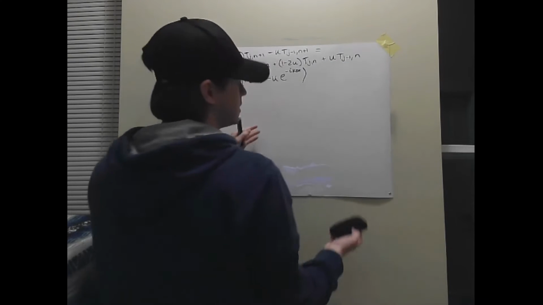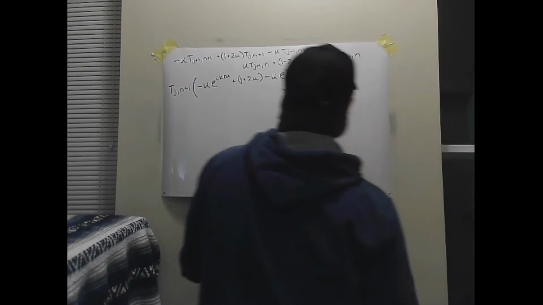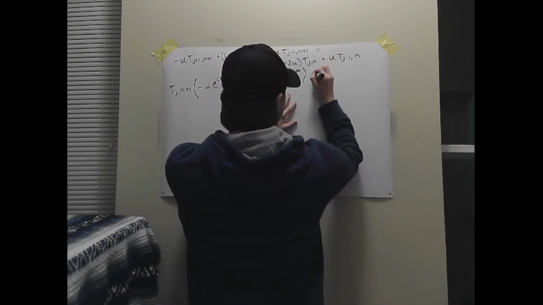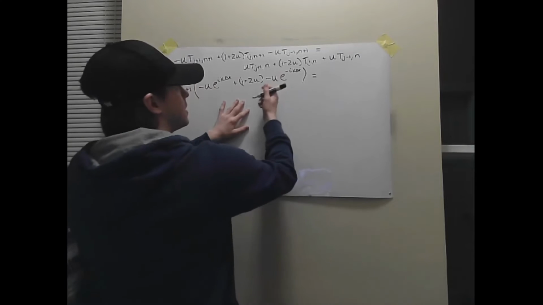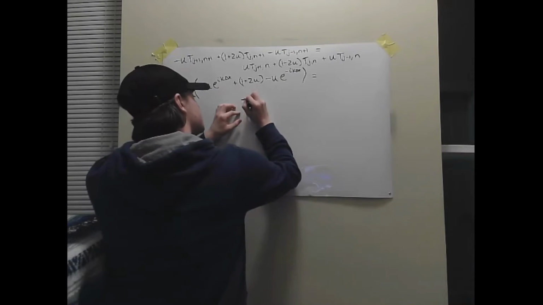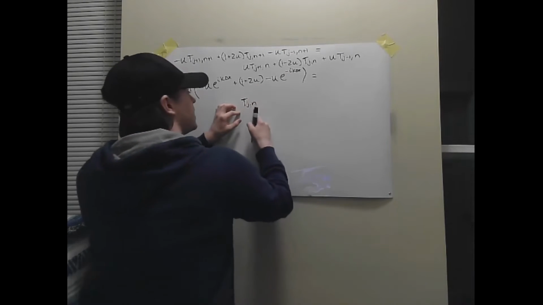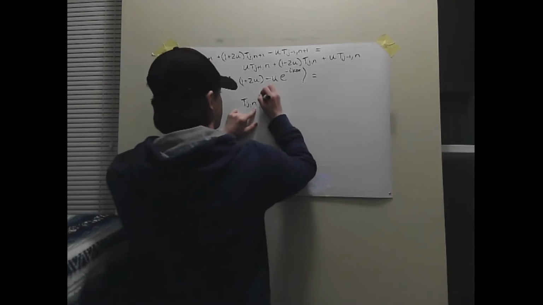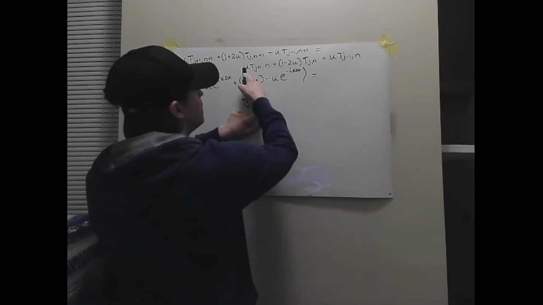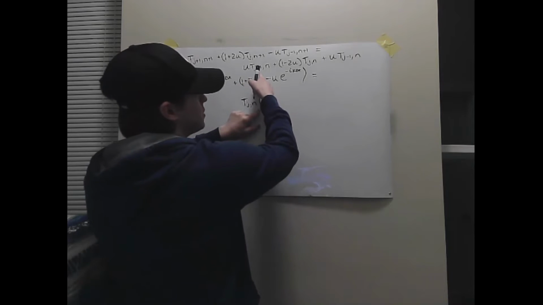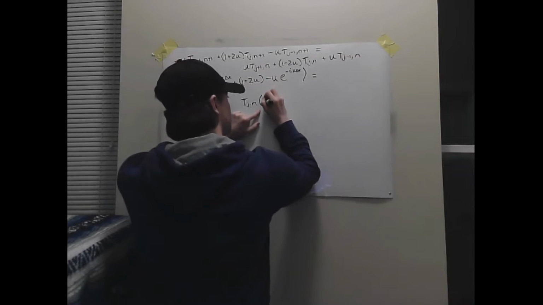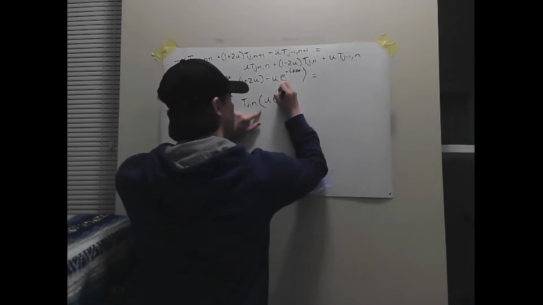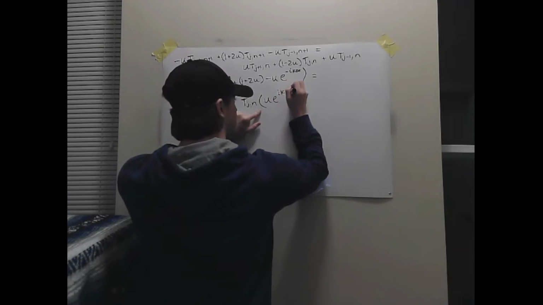And then we're going to do the same thing for the right side of the equation. So this is equal to, for the right side, we're not at the next time increment, we're at the previous time increment n. So I'm going to pull that out and then do the same thing. We have u times the temperature at j plus 1. And so to get the j plus 1, we'll just multiply by e to the i k delta x.